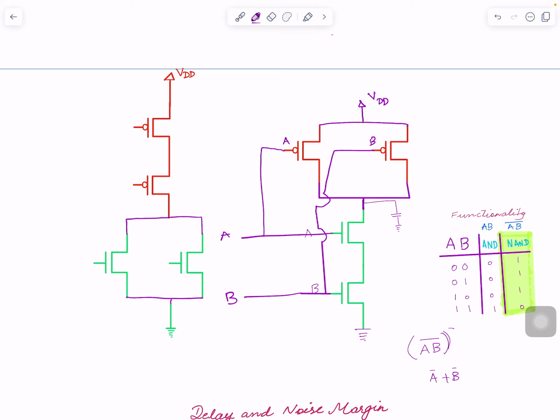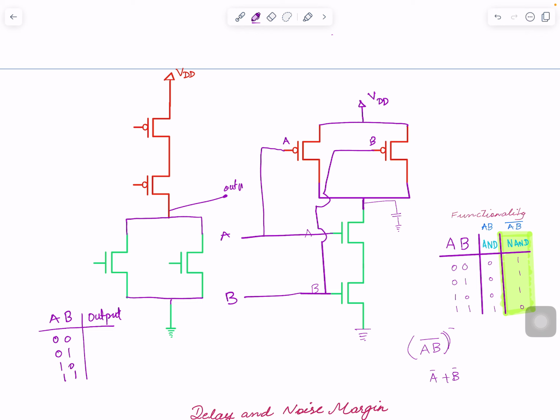So let's create a truth table for this one. A, B, and this is our output. Okay, let's do all the combinations.